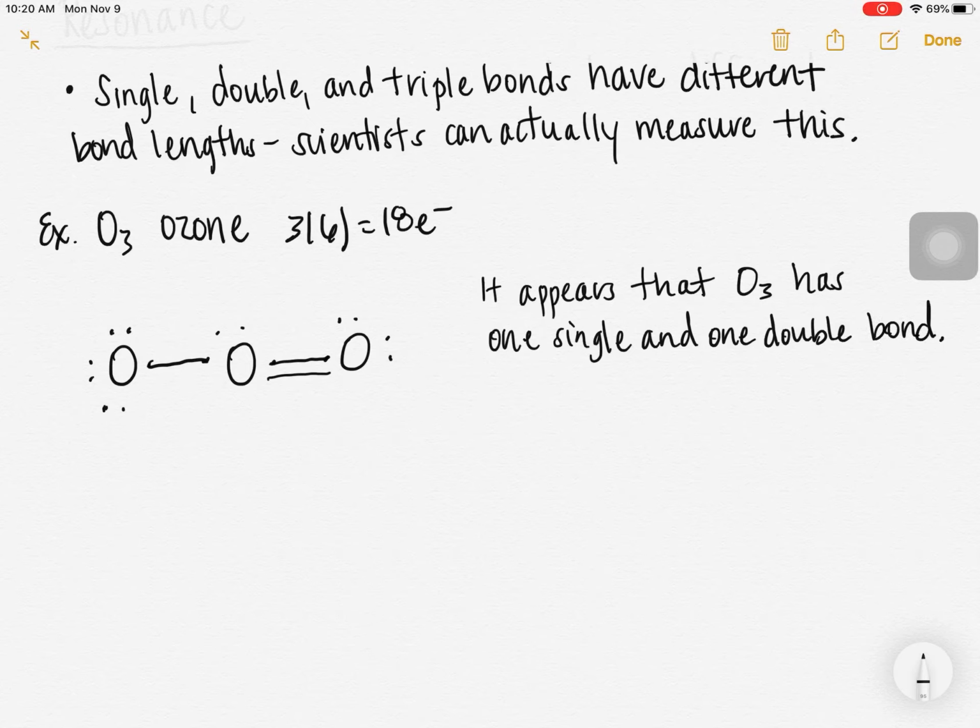And if you were thinking about the bond lengths in this case, you would think that the two oxygen-oxygen bonds would be different lengths.